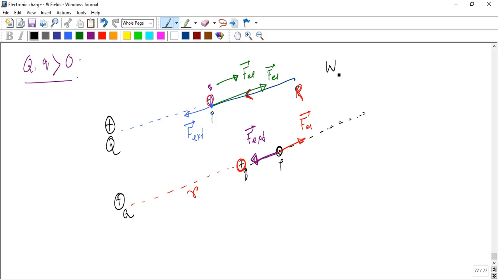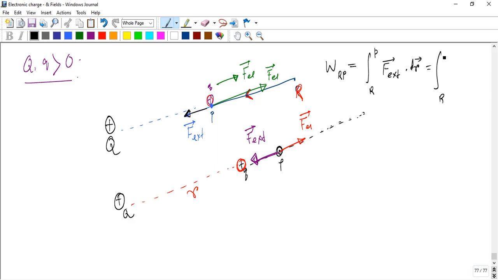Suppose in that case, the work done in bringing a test charge from R to P is equal to the integral from R to P of the external force dotted with dr, suppose we apply the external force in that direction.